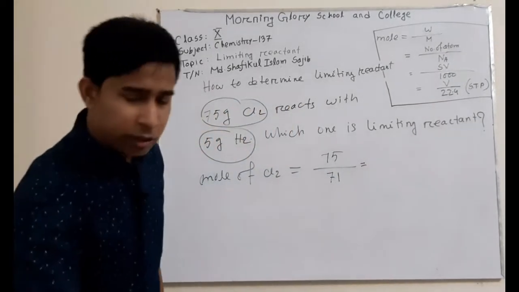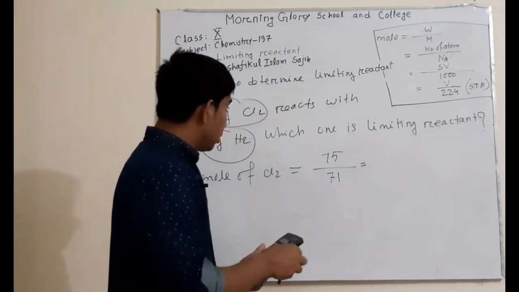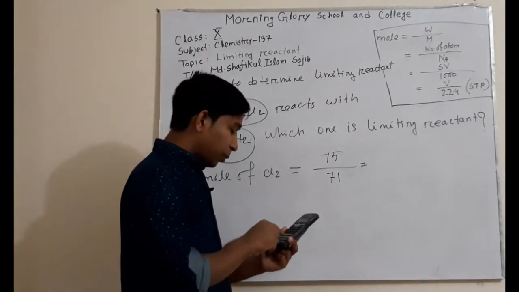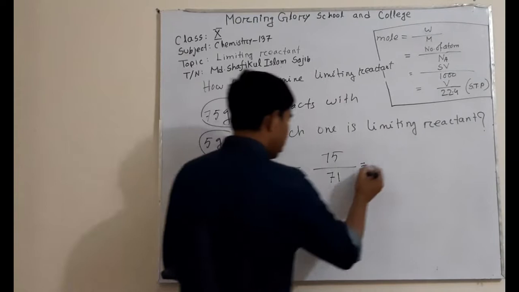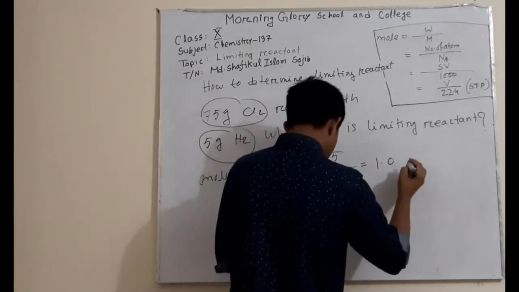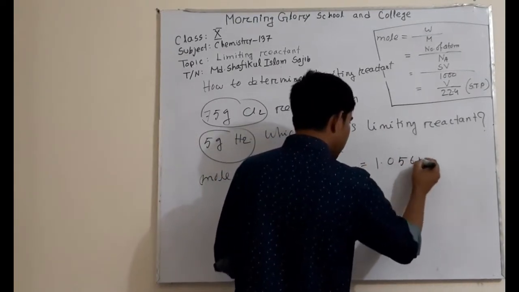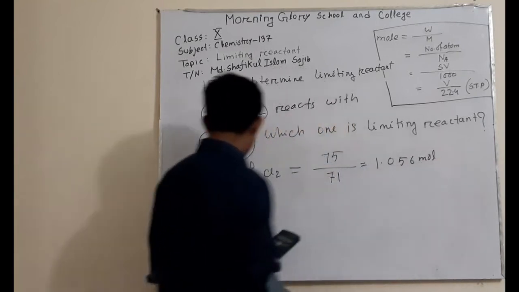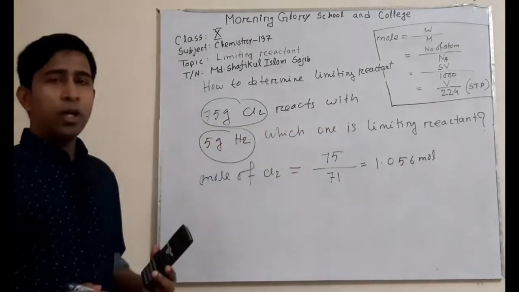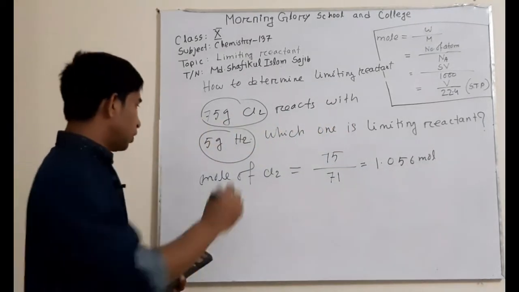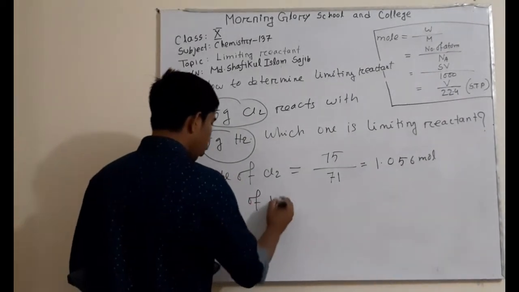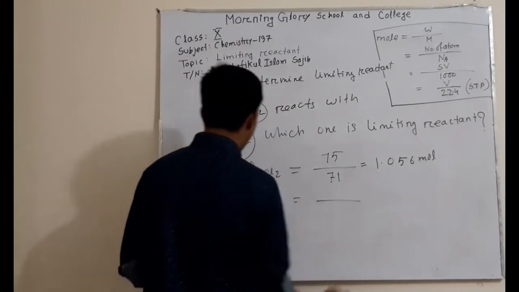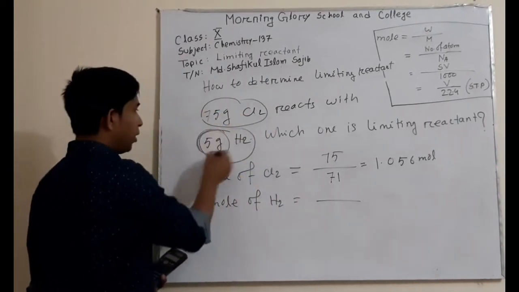If we calculate 75 divided by 71, we will get 1.056 mole. That means the mole of chlorine will be 1.056 mole. Similarly, mole of hydrogen, you can see 5 gram hydrogen is provided.